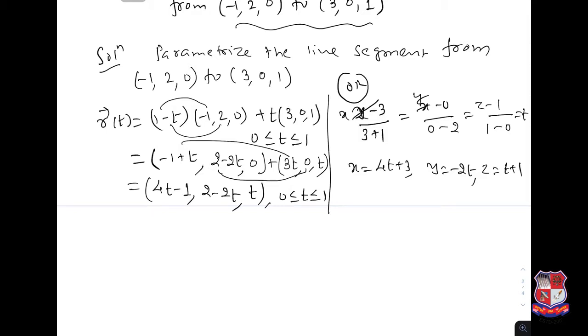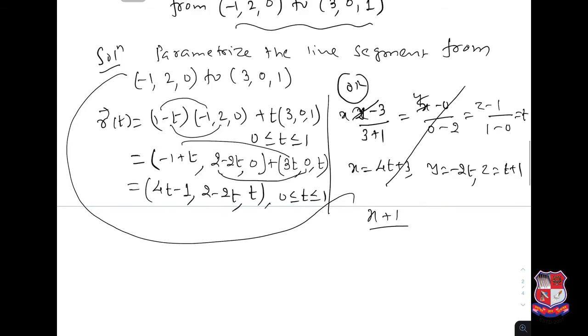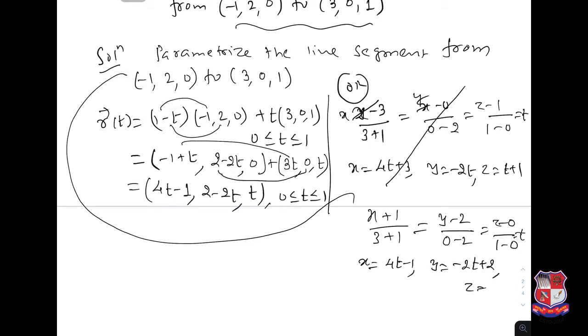Or you can have it like this also: x plus 1 over 3 minus minus 1, so 4, then y minus 2 over 0 minus 2, and z minus 0 over 1 minus 0, and all that equal to t. So x equals 4t minus 1, y equals minus 2t plus 2, and z equals t.